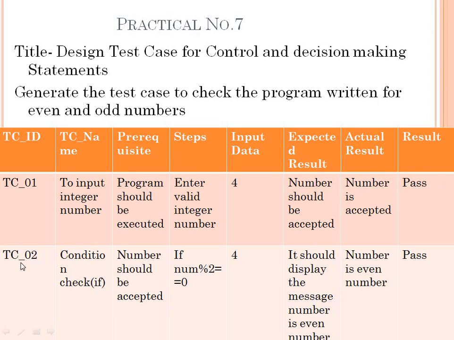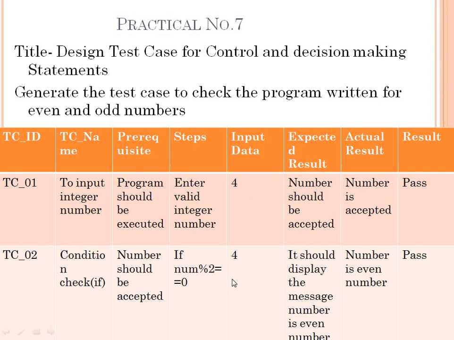Then test case number 2. The name of this second test case is condition check if. Here, by using the if statement, we check whether the number is odd or even. The prerequisite is that the number should be accepted. The step is the condition: if the number mod 2 is equal to 0, then the number is even, otherwise the number is odd.